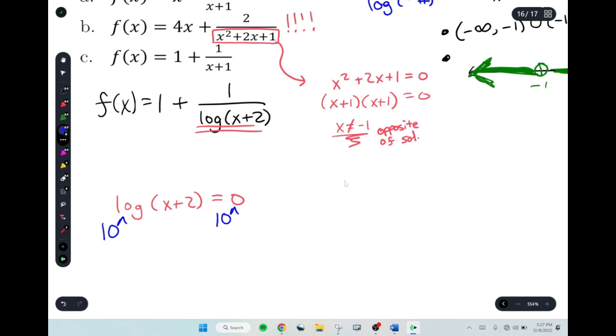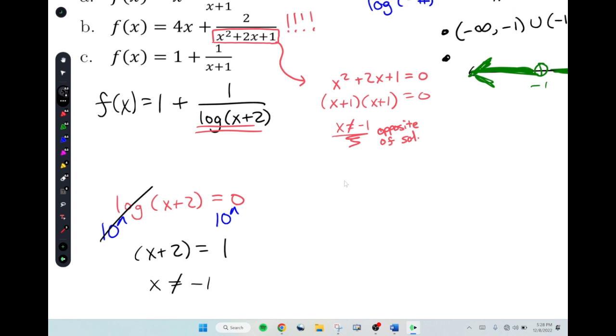Raise it to the power of 10, make it the power of a base 10. We'd exponentiate it. So you get x plus 2 equals 10 to the 0, which is 1. And x equals negative 1. But actually, that's saying x better not be negative 1.